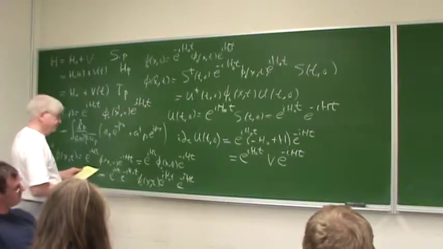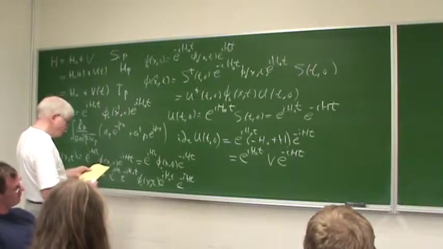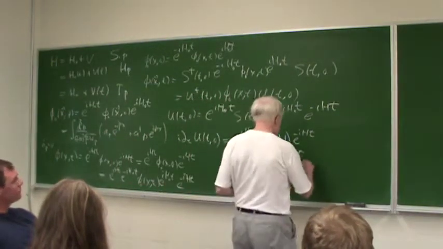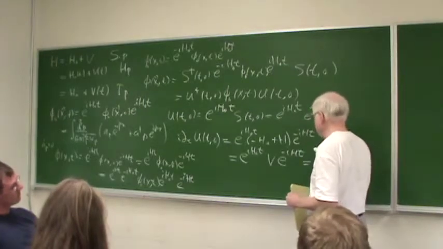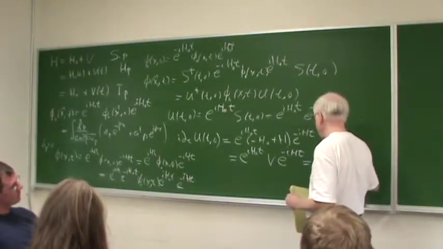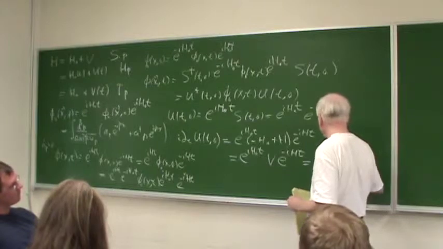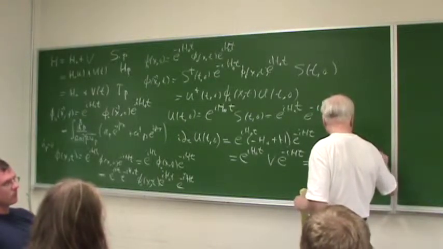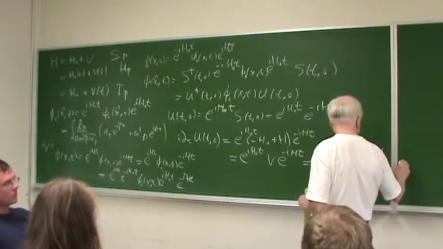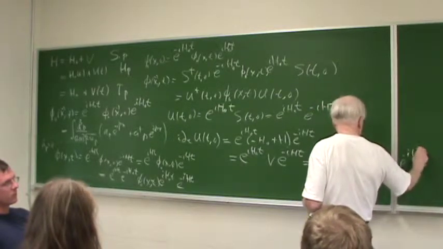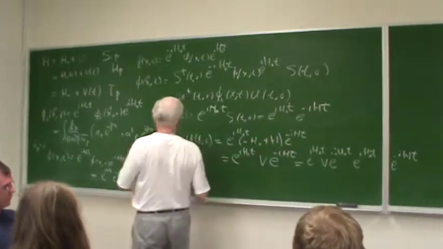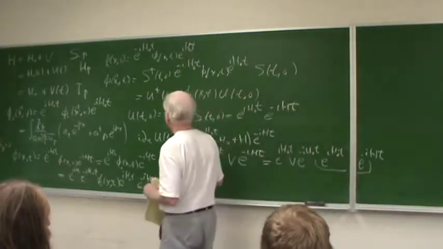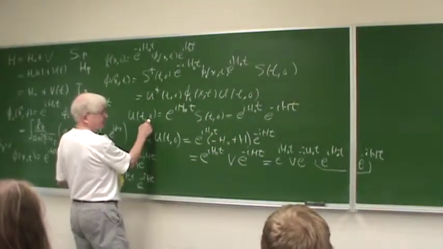So now, what we've got is this expression, but we can make this, again, it's this business of taking a step backwards that sometimes helps. Now we see that this expression here is in fact u of t0.